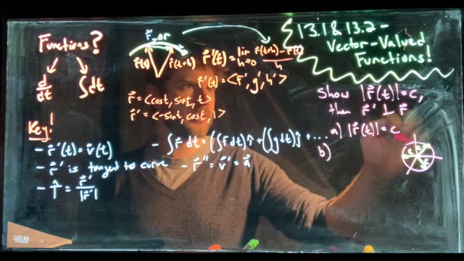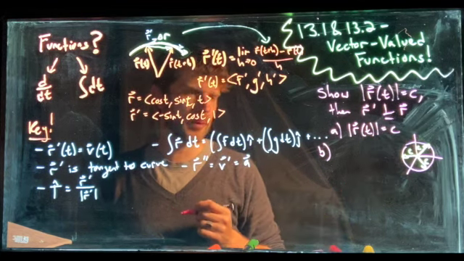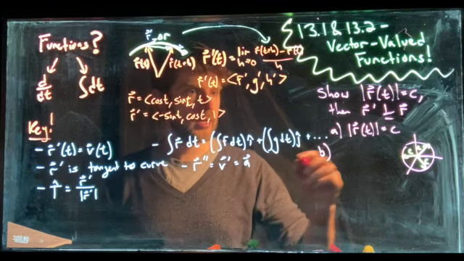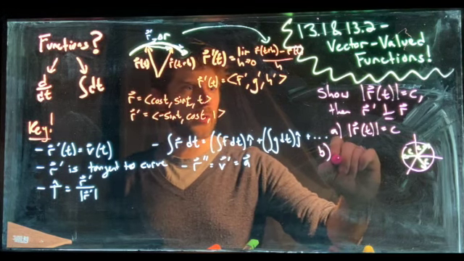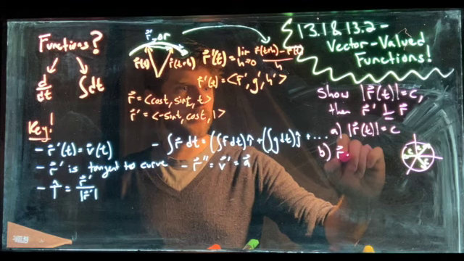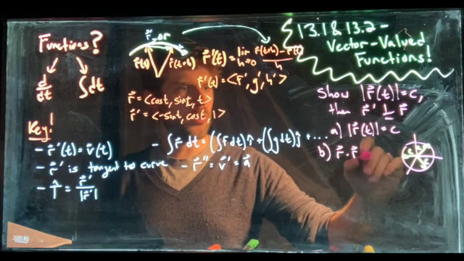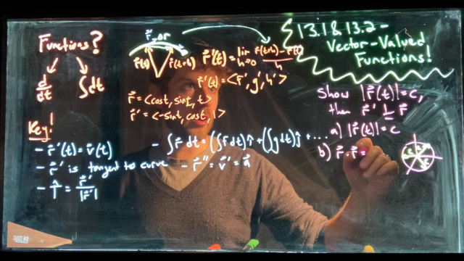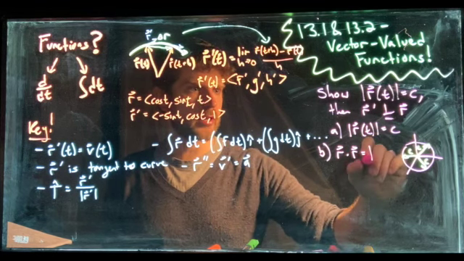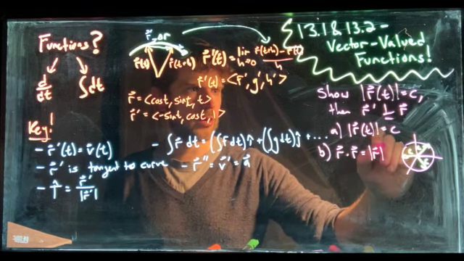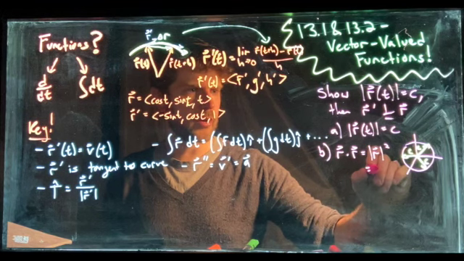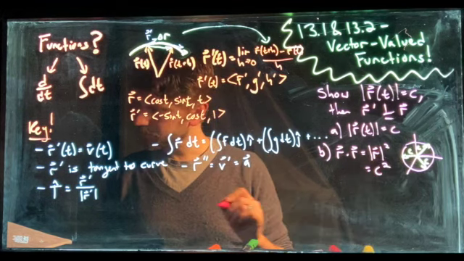You might suspect, hey, we're trying to find something that's perpendicular, maybe we want to have a dot product. And we're actually going to start with a weird dot product. We're going to do r dot r. We happen to remember, maybe from the beginning of chapter 12, that r dot r is in fact the magnitude of r squared. So r dot r is c squared.